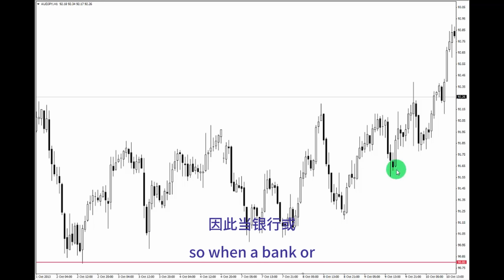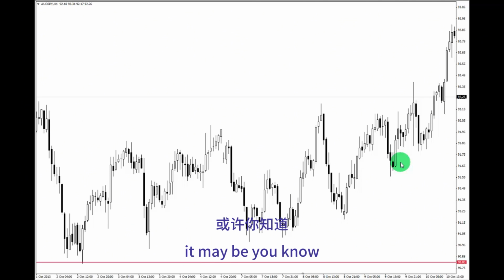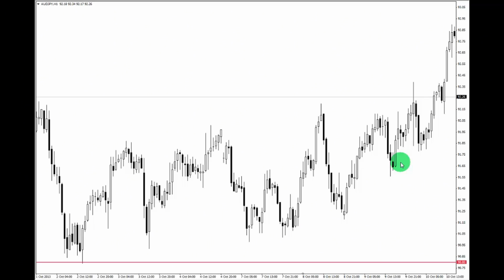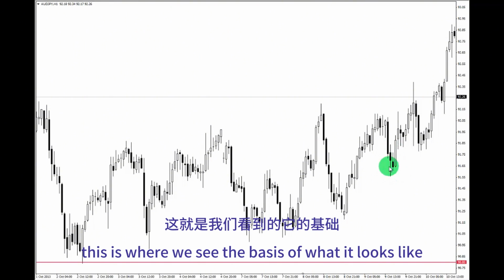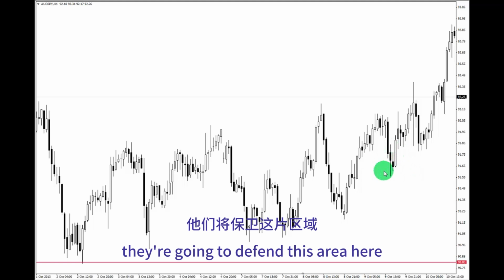So when a bank or an entity comes in the marketplace and defends a particular level, it may be option expiration, it may be other factors that are fundamentally driven that are going to be outside the scope of this teaching. This is where we see the basis of what it looks like and why they'll be defending it. They're going to defend this area here.